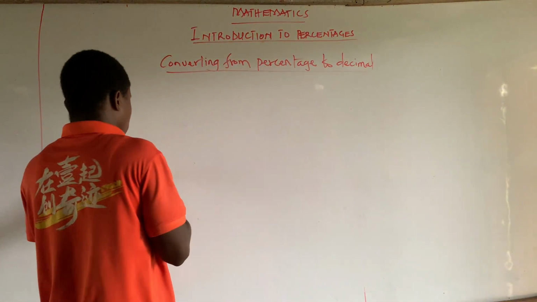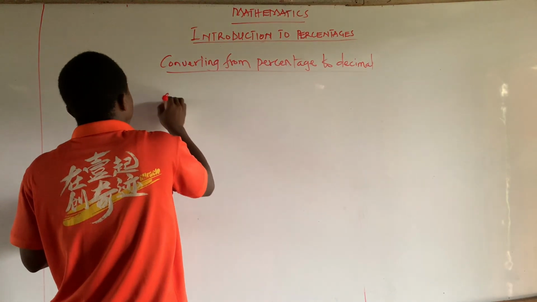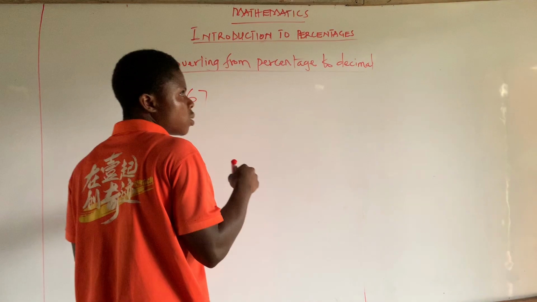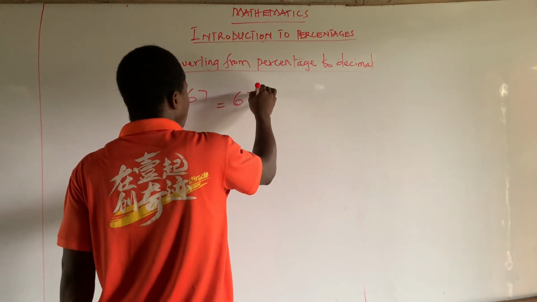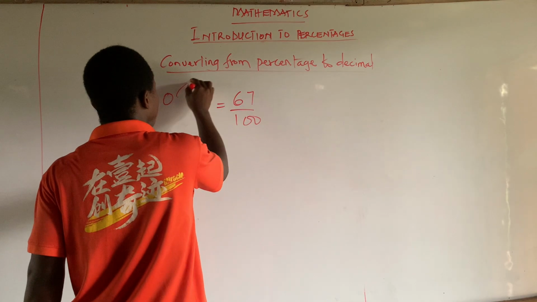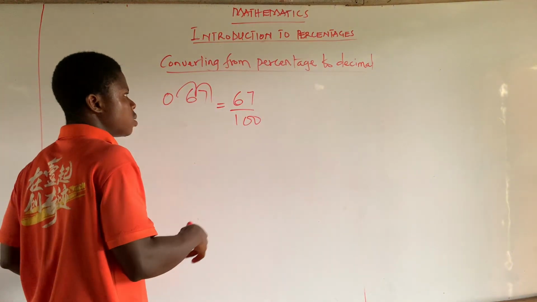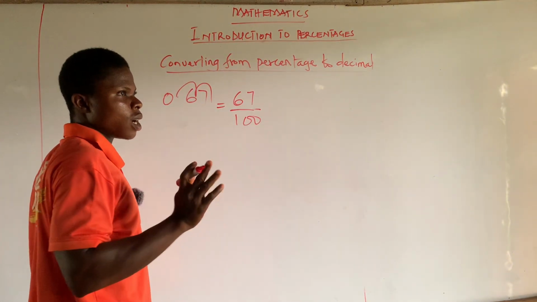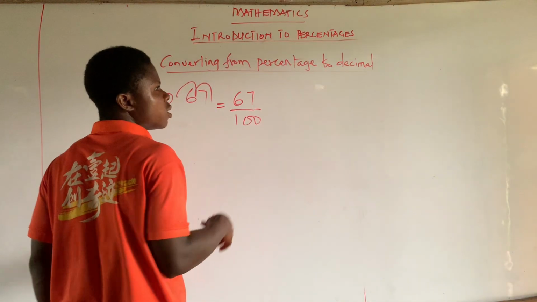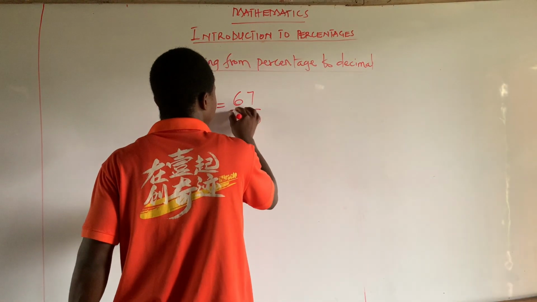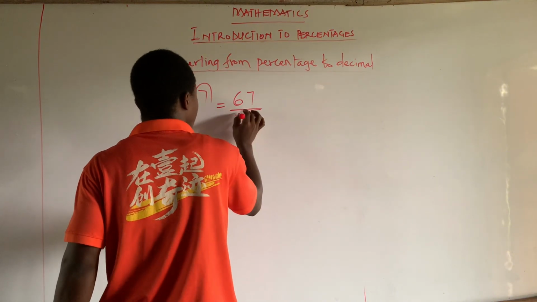Again, you can be given 0.67 in percentage. So 67 out of 100, because you move from left to right, so divide by 100 twice. You moved twice. So you are converting this figure, and it is the same as this.